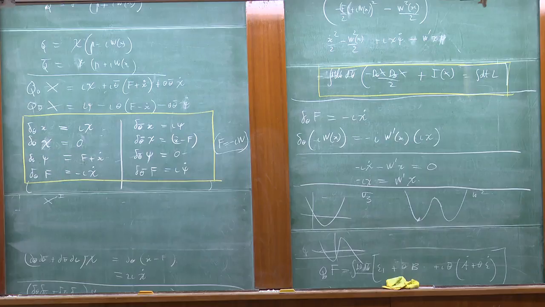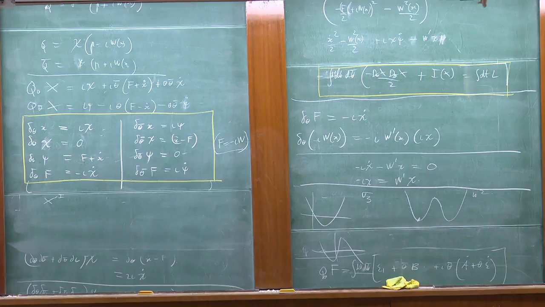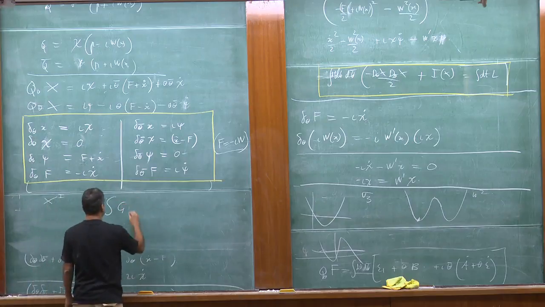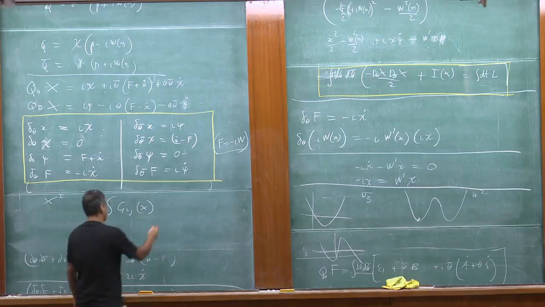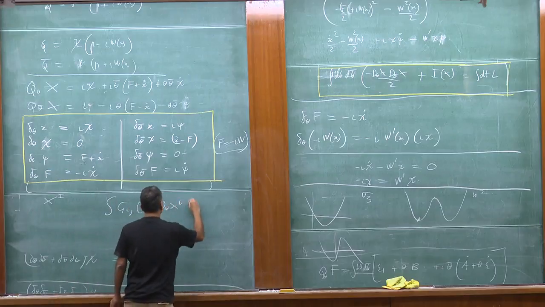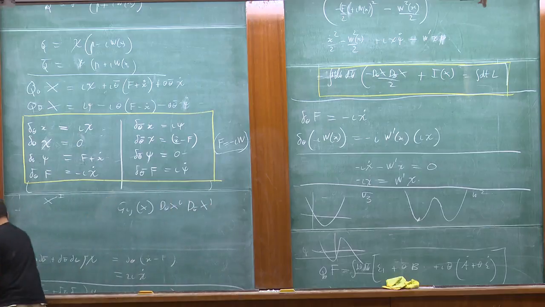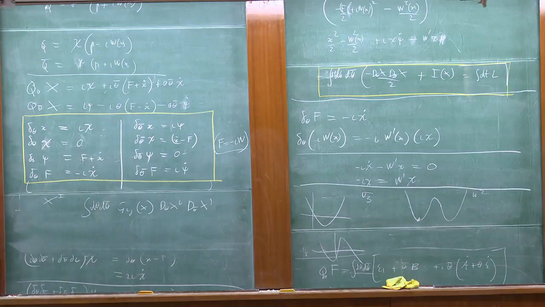But at the moment I want to switch off the W part, just the kinetic term. What is the most general thing I can do? Well, if you think about it, the most general thing you can do is G_ij of x, d theta of x^i, d theta bar of x^j.